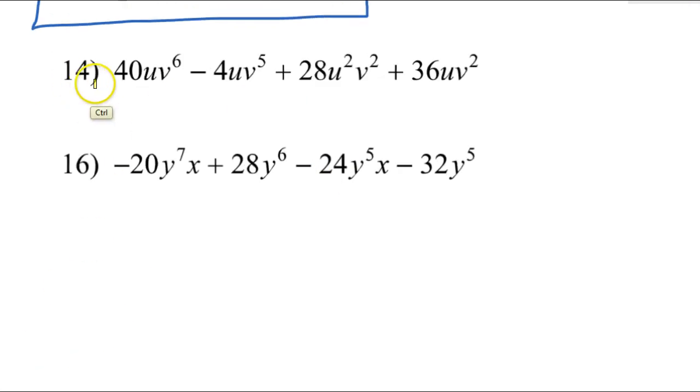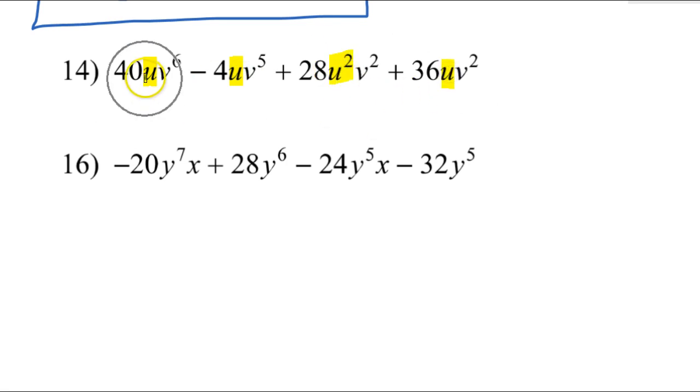All right, looking at number 14, start with the variables. Every term has variables. Now let's take it one variable at a time because I see u and v. Okay, so looking at u, I see we have u squared, u.